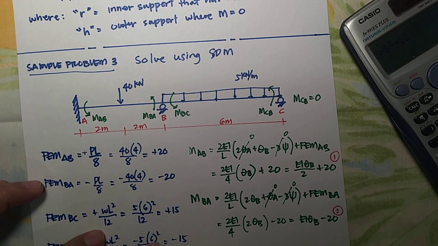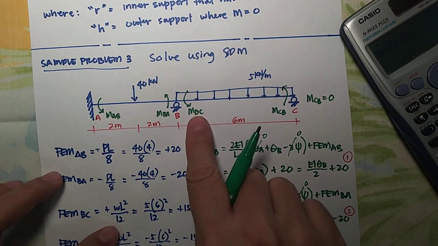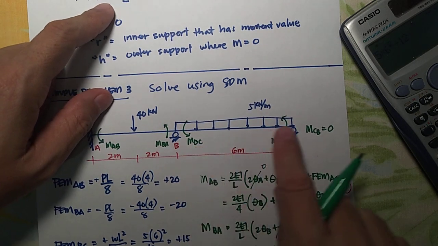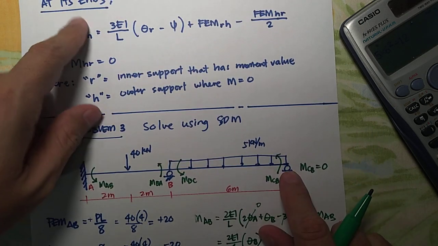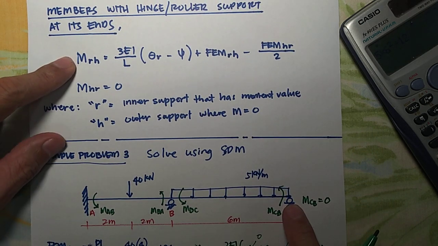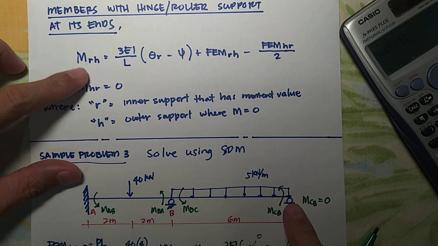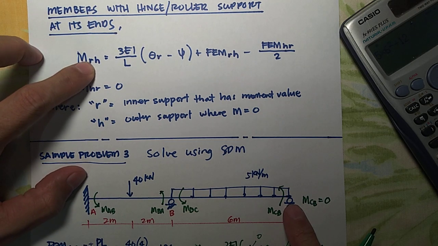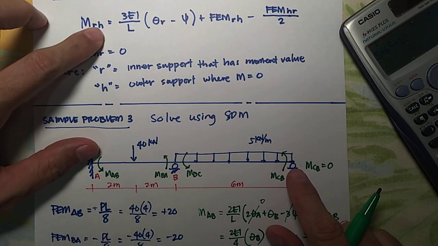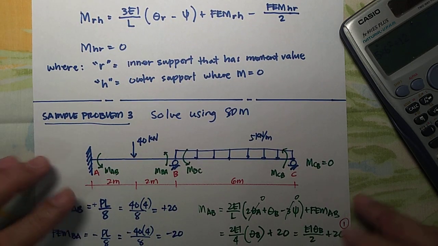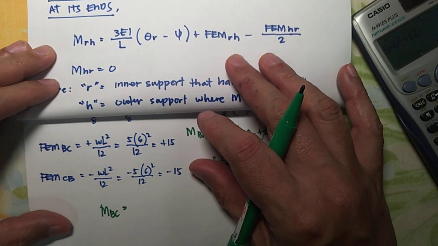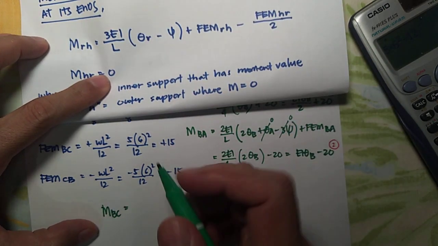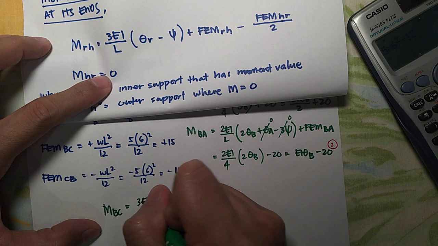The MBC would be similar to this because the other end is a 0 moment, so this would be applicable for that. So B is our R, and H would be the C. So that would be three EI over L.